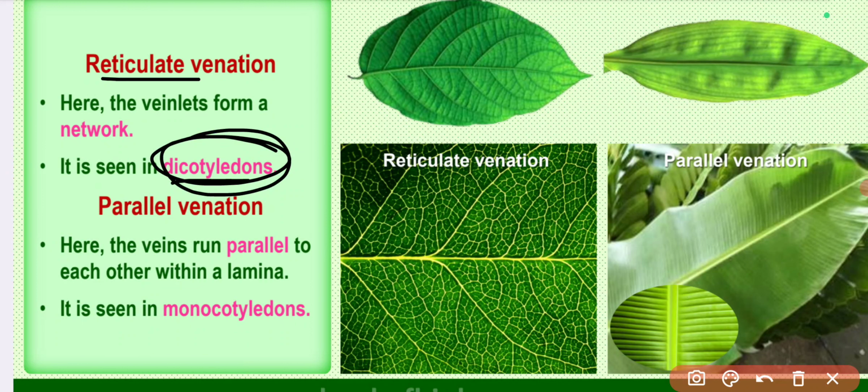You just check the leaf, and you can identify the cotyledon of the plant, either it is dicot or monocot. So in dicot, reticulate venation is found, where the veinlets form a network like this.